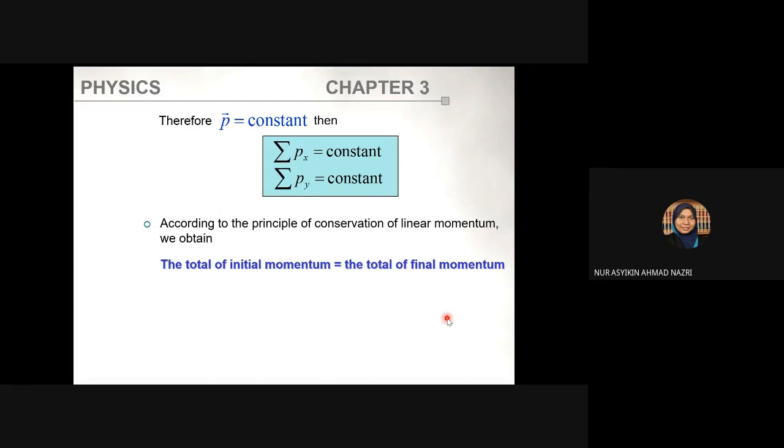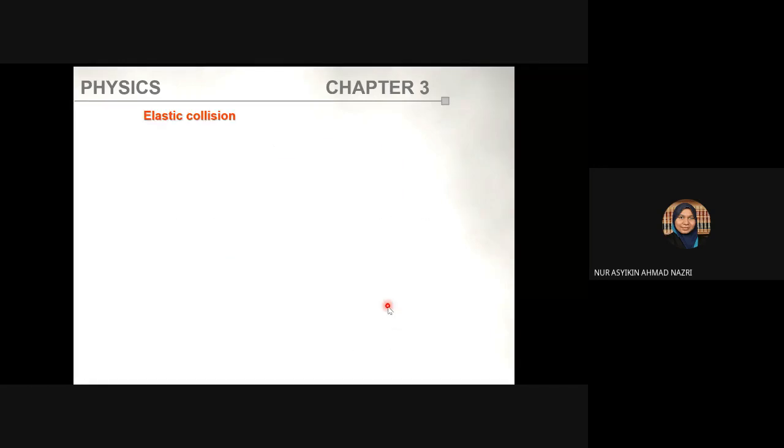But depends ya, tak semua case, alright. Macam yang tadi kita ada kan, kalau dia ada change, maksudnya momentum dia tak sama, then dia akan ada impulse. But yang ni lebih kepada net momentum, right? So we can write it also in this form.